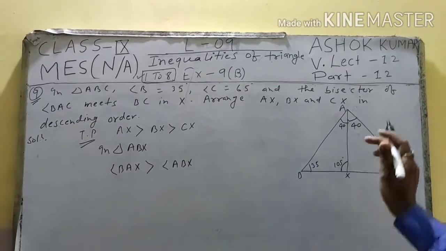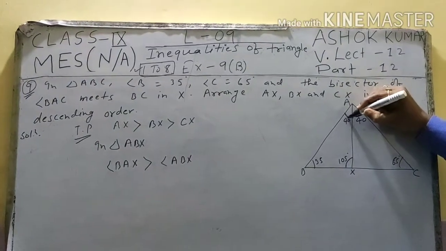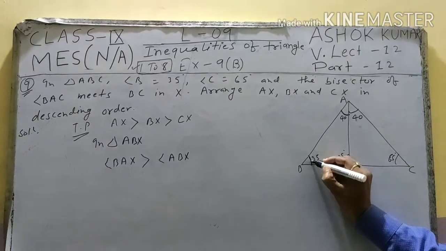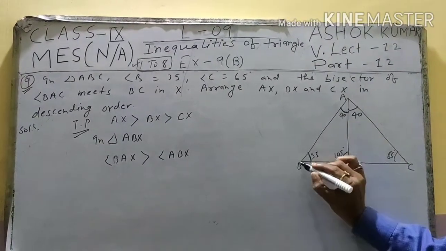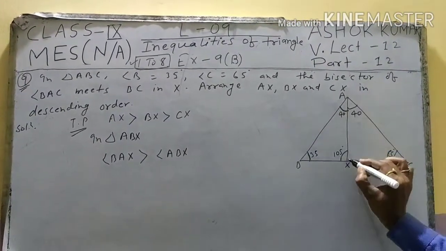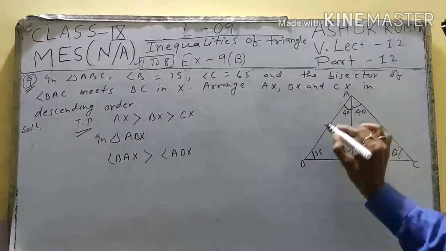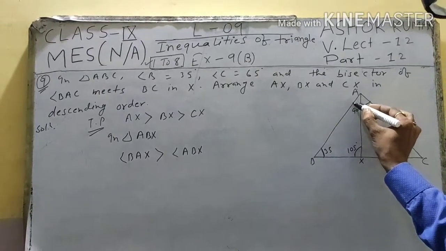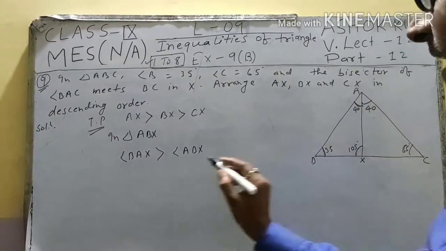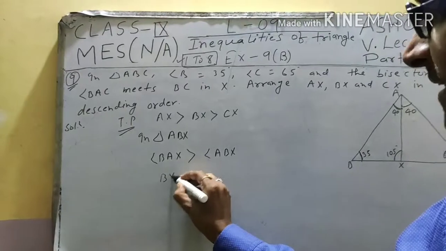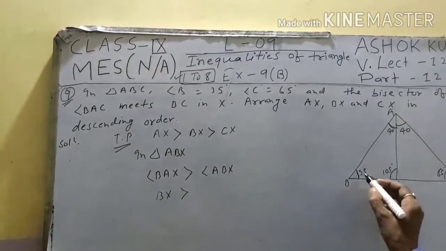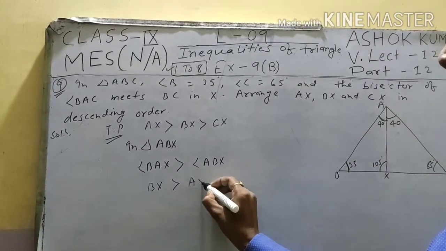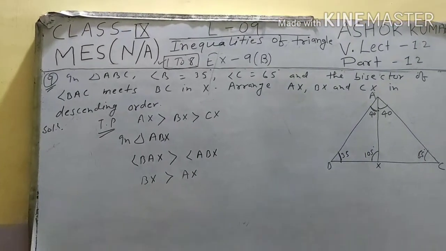Yes or no? This is absolutely right, because this angle is 40 degrees and this angle is 35 degrees. So we can write angle BAX is greater than angle ABX. In front of the 40 degree angle the side is BX, and in front of the 35 degree angle the side is AX, so BX is greater than AX.